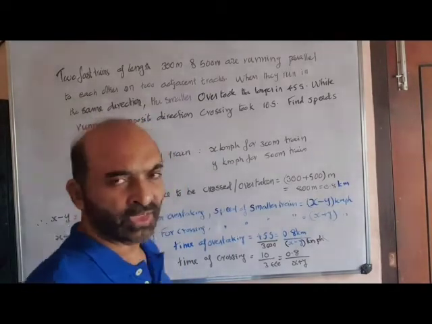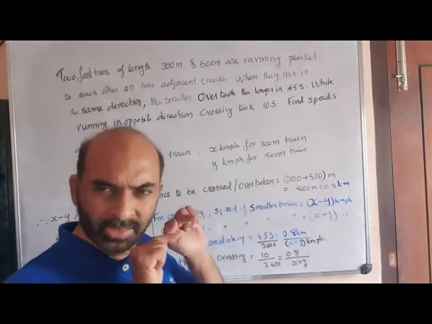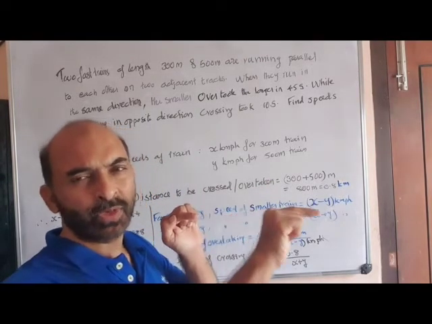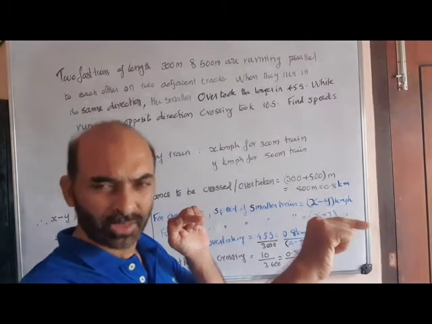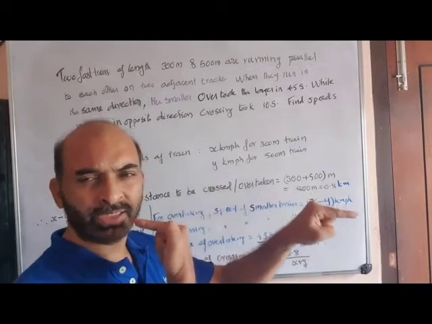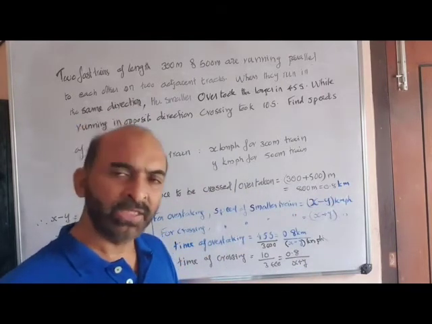Find the speeds of the trains. They are running on parallel tracks. When running in the same direction, the smaller one took 45 seconds to completely overtake the other train. When running in opposite directions, it took only 10 seconds. In that case, you have to find the speeds of both the trains.